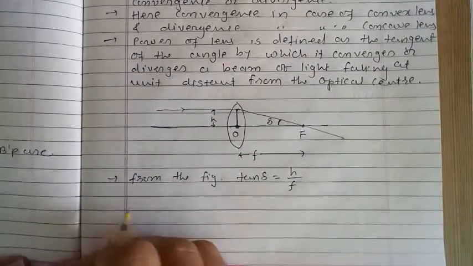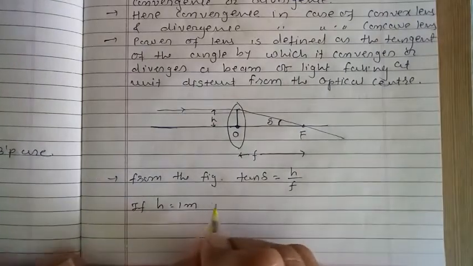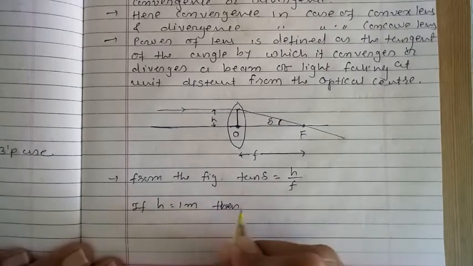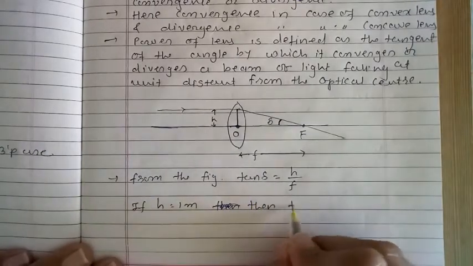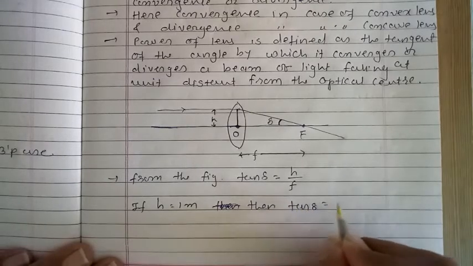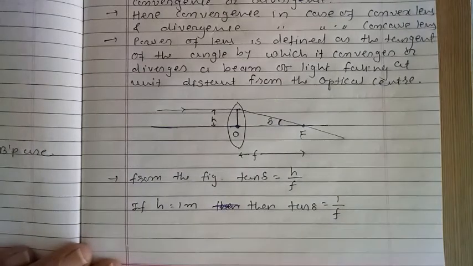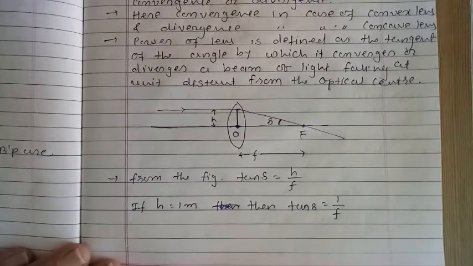Then tan delta is equal to h, 1, upon f. So tan delta is equal to 1 upon f.